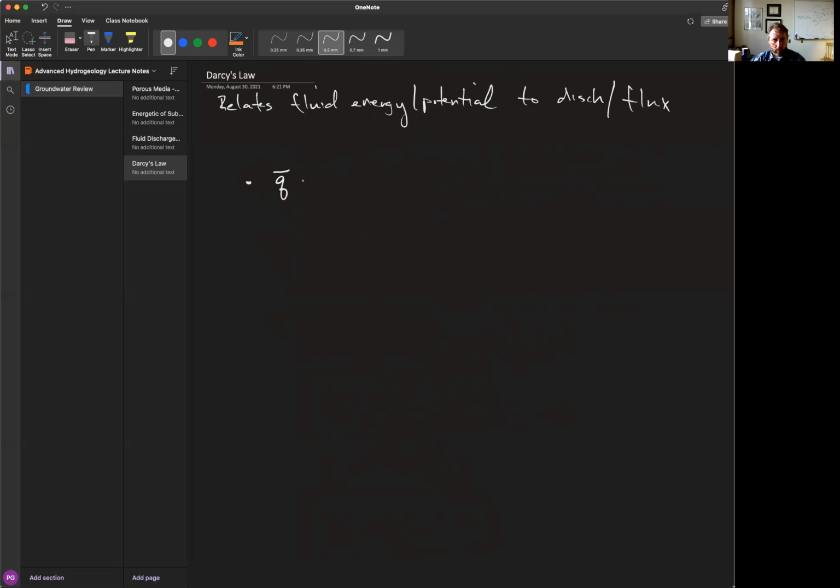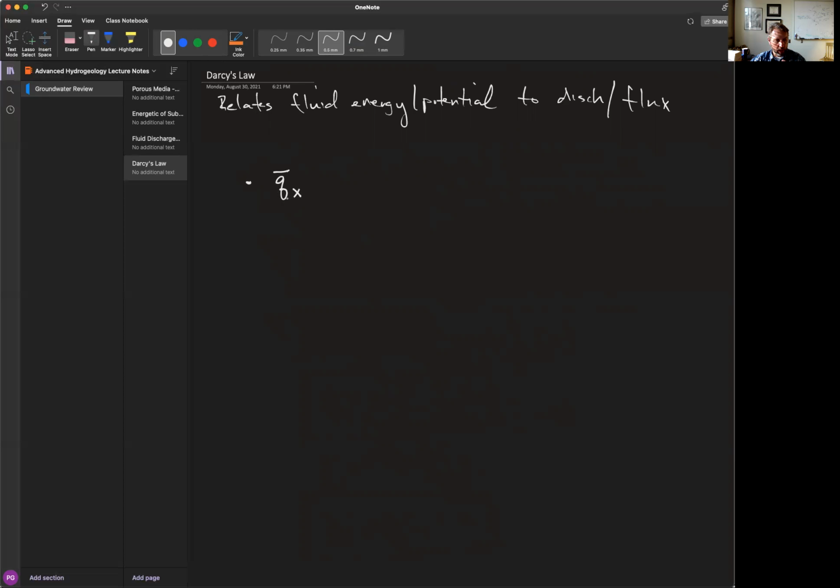Q, and here I will use a subscript to indicate the direction of flow. So here, recall, discharge is a vector, and here I'm just going to consider discharge in one direction, the x direction. So I will use this subscript x.